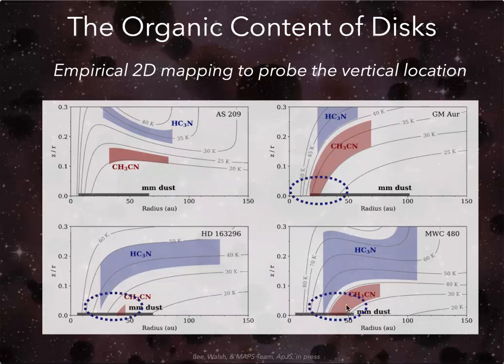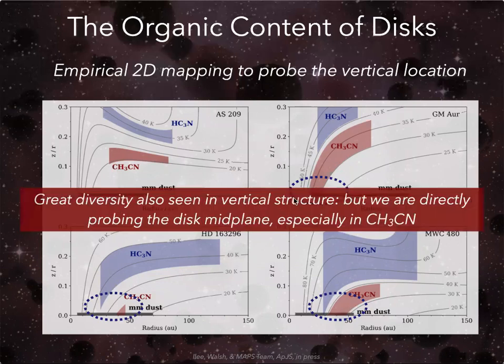In particular, we seem to be tracing quite deep down in these 3 discs with methyl cyanide, down into where the millimeter dust is sitting as well. We tend to find more generally that the HC3N is sitting much higher up in the disk atmosphere, maybe triggered by the chemistry that's happening up there.